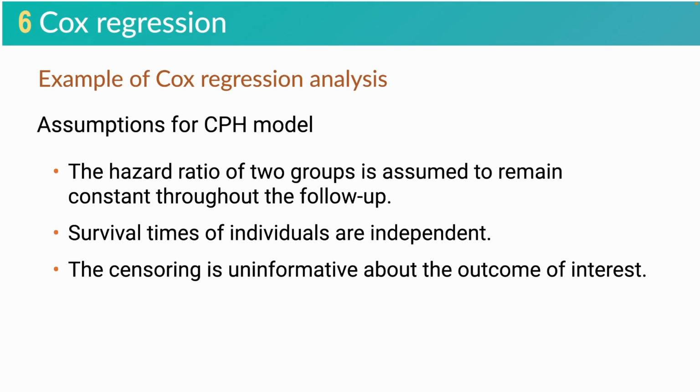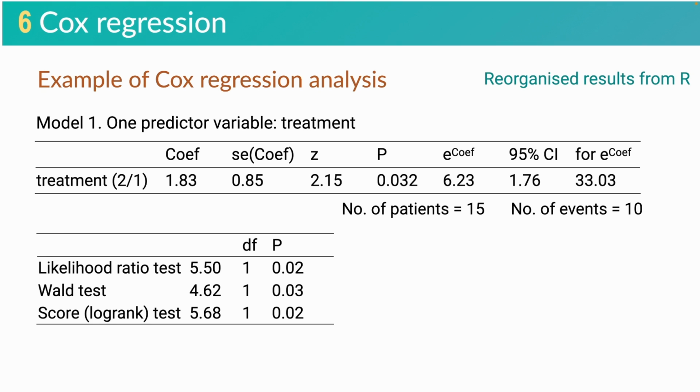The third assumption assumes that the censoring is uninformative about the outcome of interest. This assumption is satisfied when there is no relationship between the probability of censoring and the event of interest. For example, in clinical trials, we should carefully assess that the loss of follow-up does not depend on the patient's health. We will examine three models.